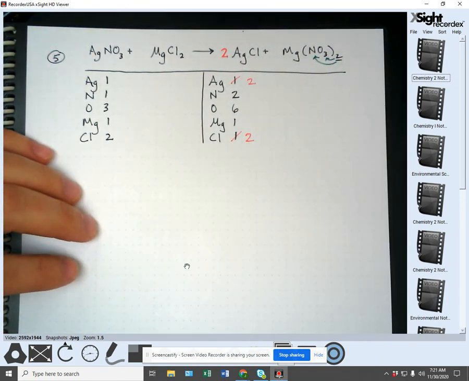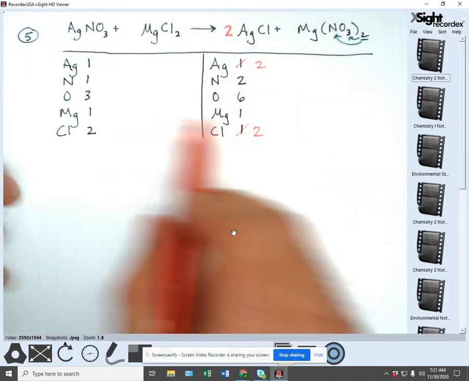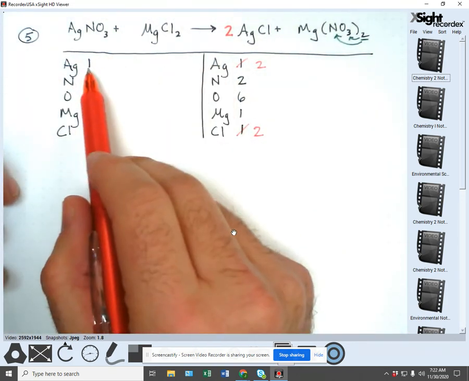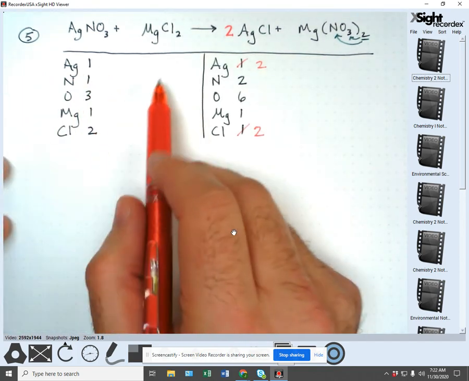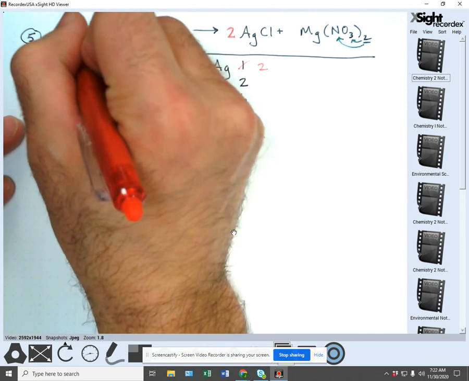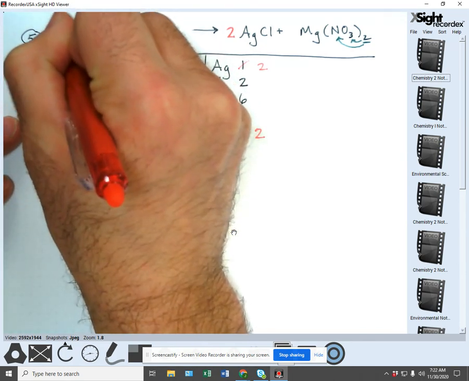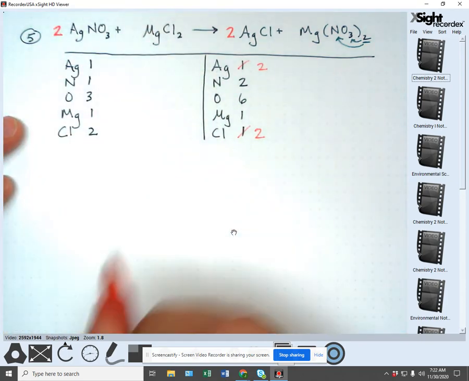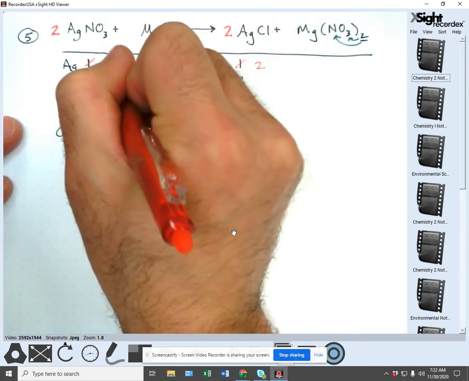Now my chlorine's balanced, my magnesium's balanced. My silver now is not balanced, though, so I'm going to go and balance my silver. I'm going to put a 2 in front of my silver over here. Now remember that affects the whole thing. So that now gives me 2 silver.